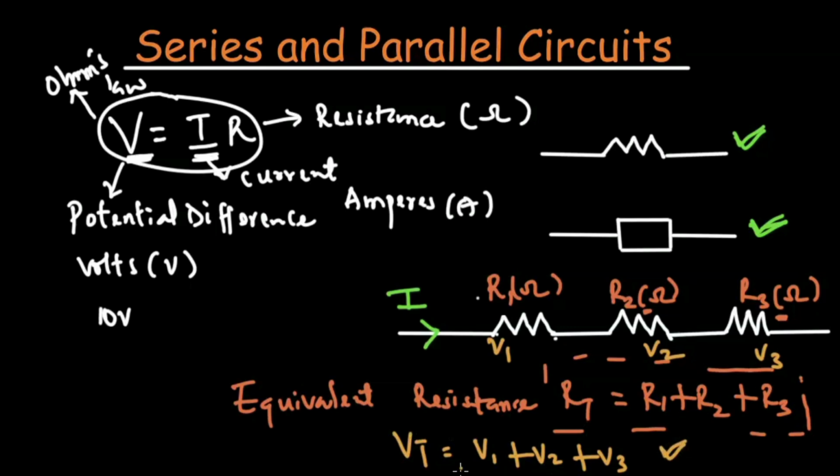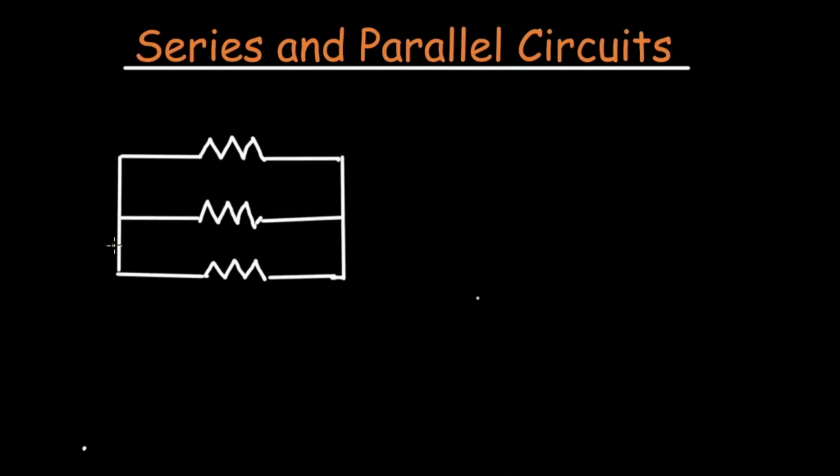Now let's take a look at parallel circuits. So we have our connection in this way. This is a parallel circuit. If we bring a current source into this node, current will go. So if I have current I coming into this node, current can go in this direction, in this direction, and in this direction.